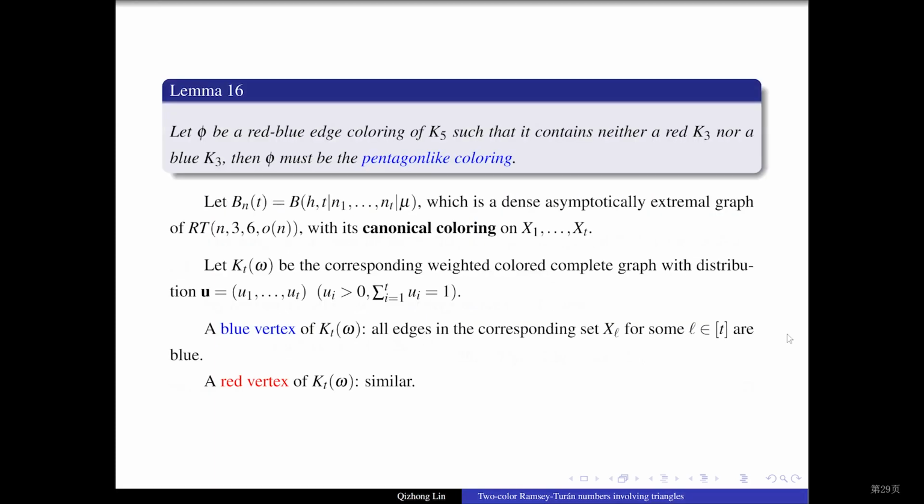The following Lemma 16 tells that a red-blue edge coloring of K5 with no monochromatic triangle should be a pentagon-like coloring. That is to say that the subgraph induced by all red edges or blue edges are cycles of length five, C5.